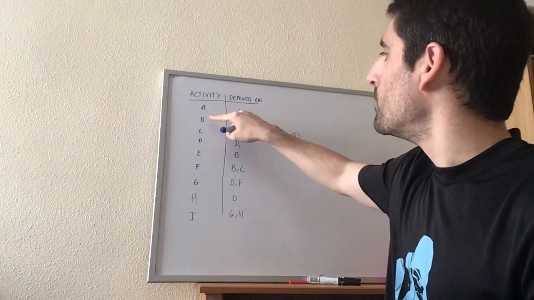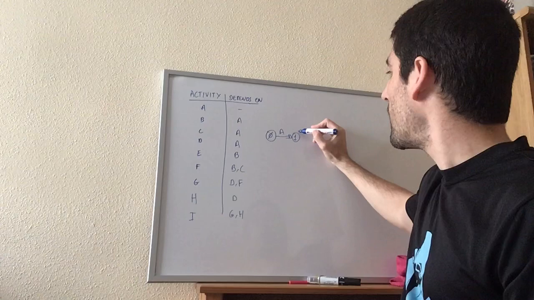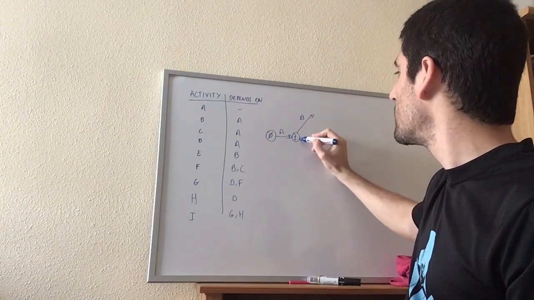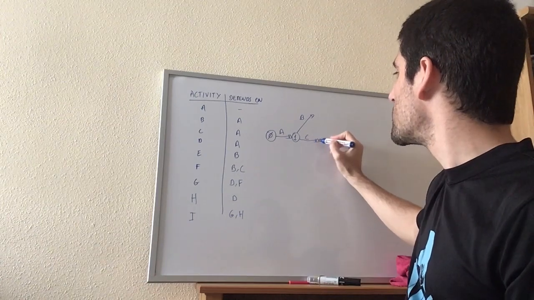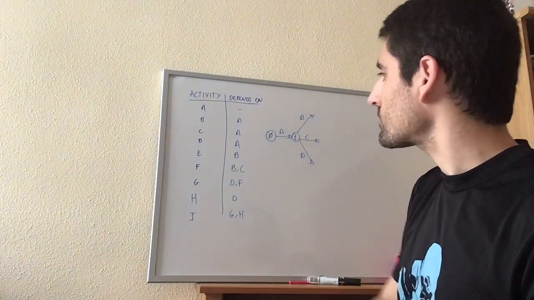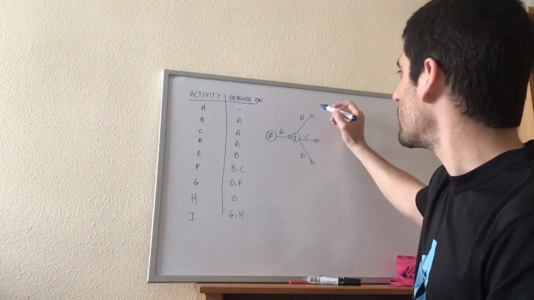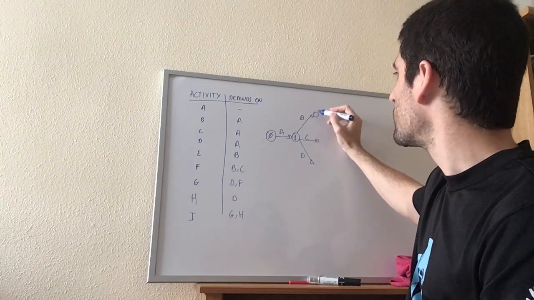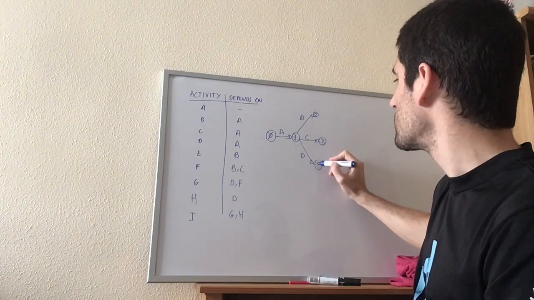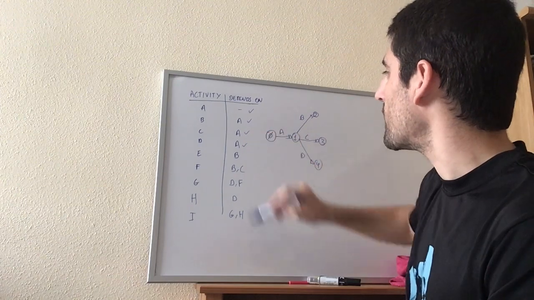And then B, C and D all depend on A. So from here, I am going to have B, C and D, which all depend on A. And I've got 2, 3 and 4. So I've done that, and that.